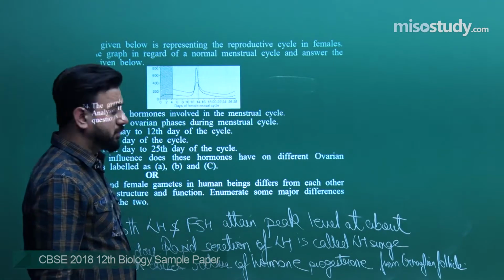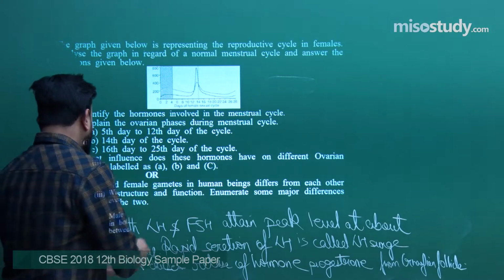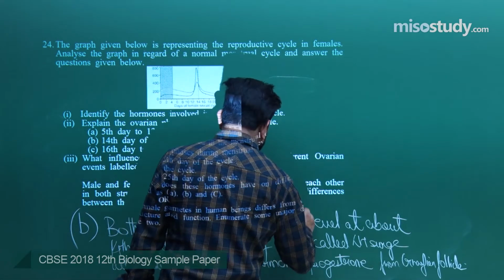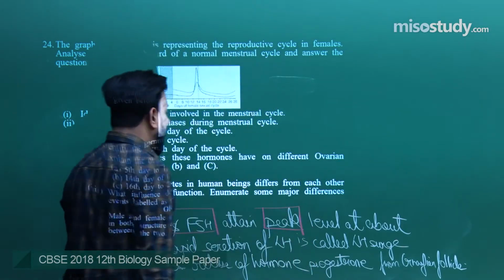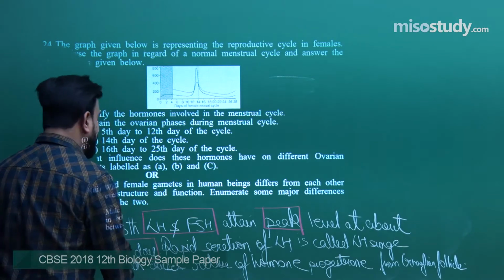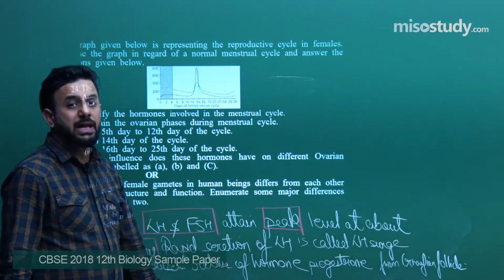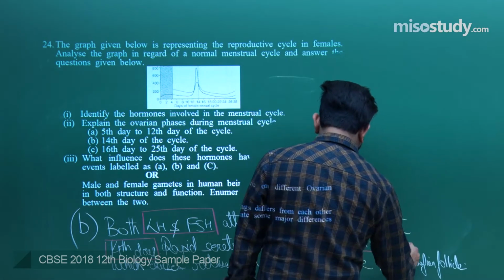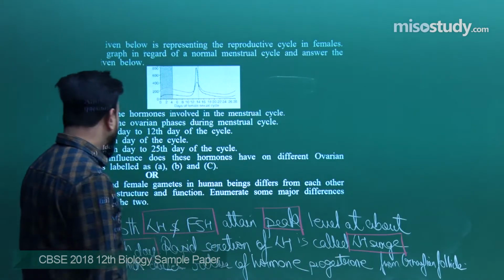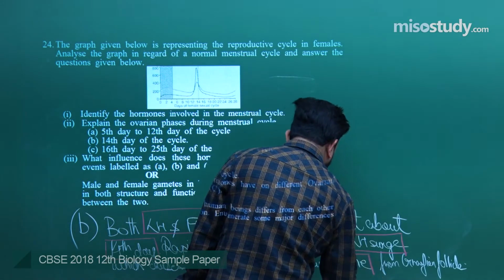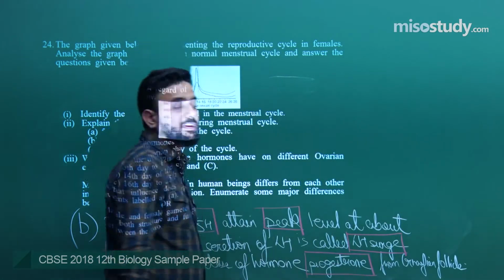So both LH and FSH attain the peak level at about the 14th day. This rapid increase in secretion of LH is called the LH surge, which causes the release of the hormone called progesterone from the Graafian follicle.